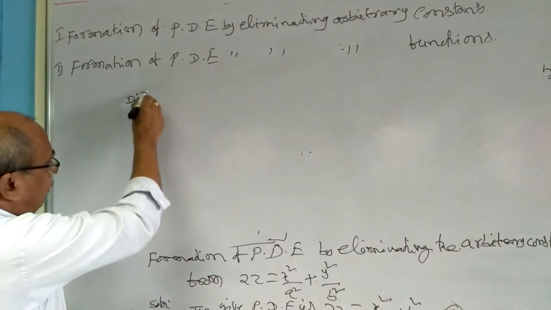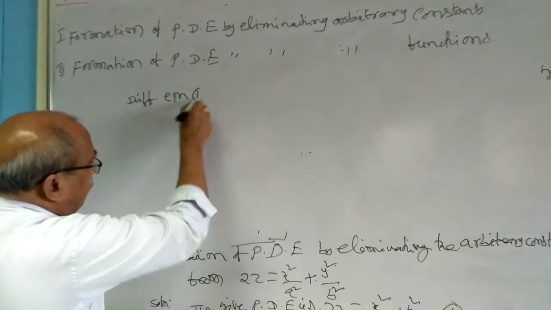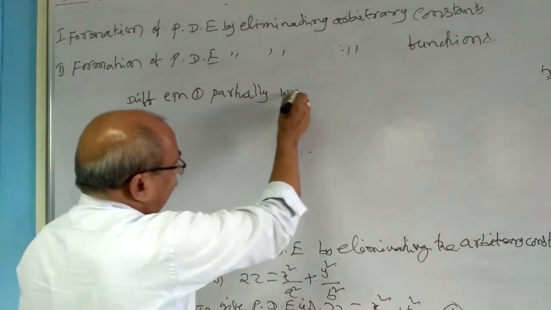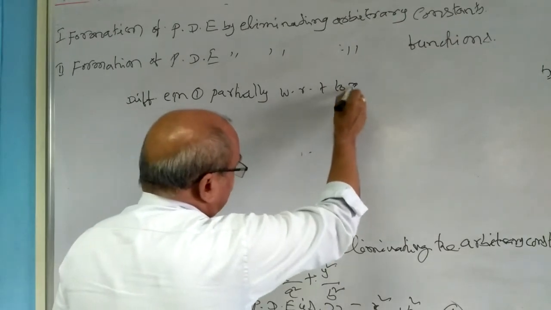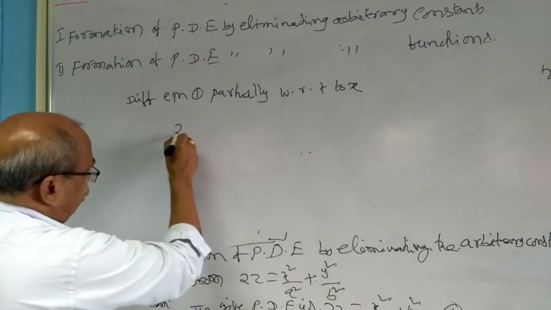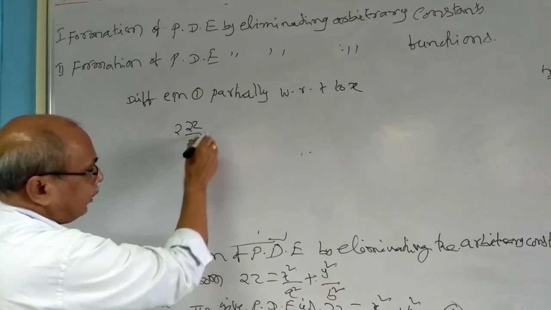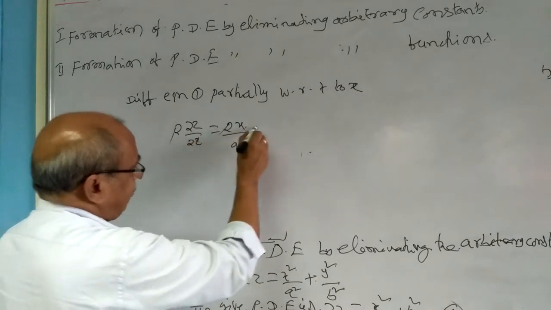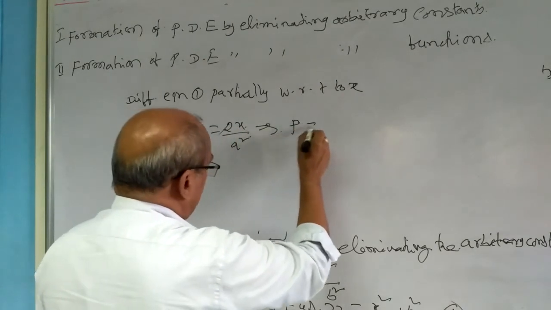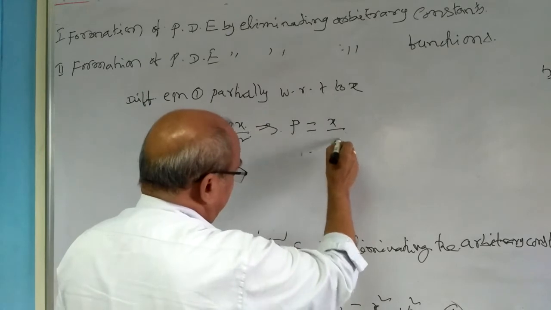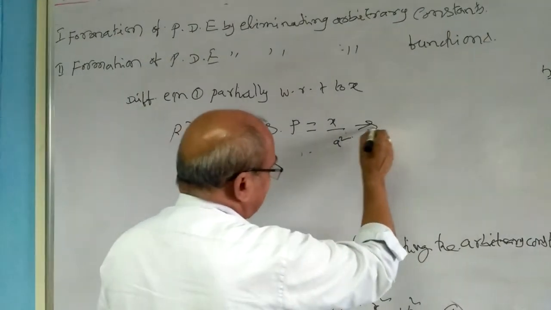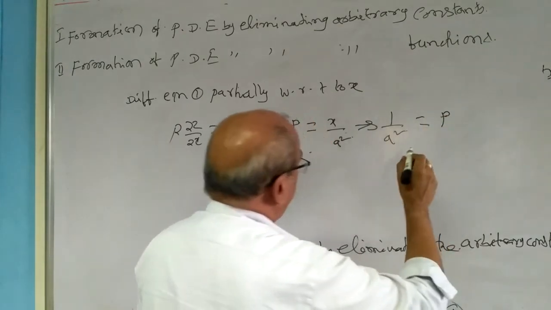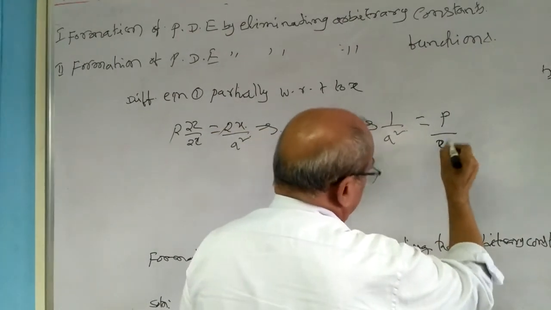Differentiating equation 1 partially with respect to x, 2 ∂z/∂x = 2x/a². 2 cancel, that implies p = x/a². This implies 1/a² = p/x.